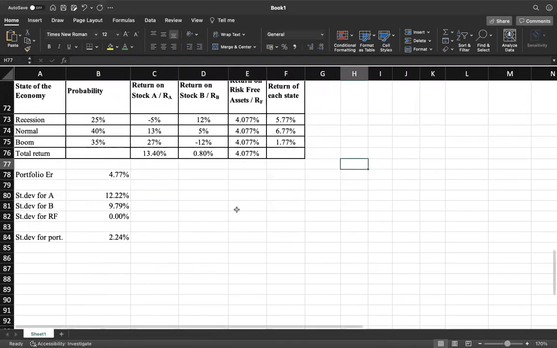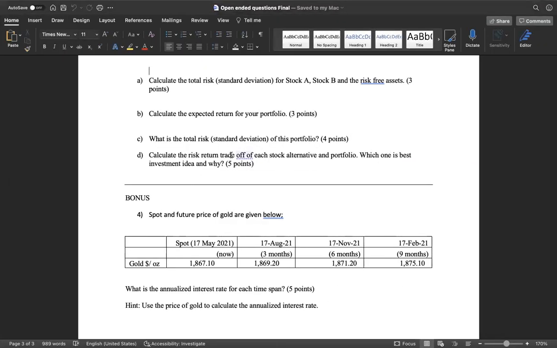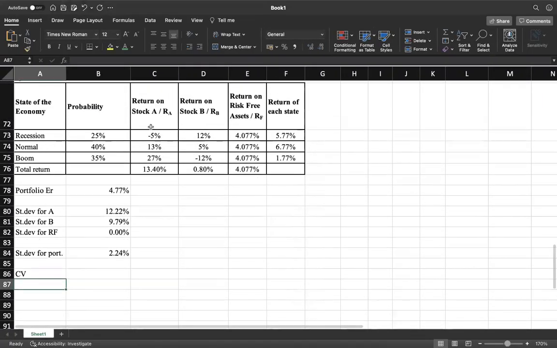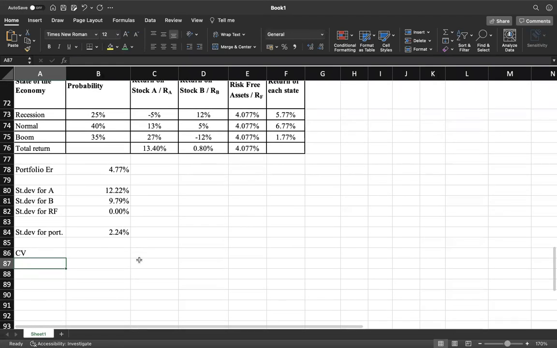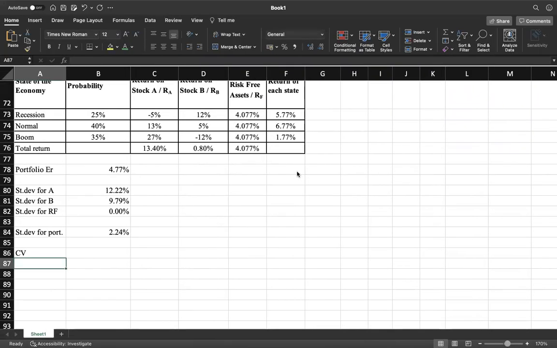Therefore, we should calculate coefficient of variation, the risk-return trade of each stock alternative and portfolio. So stock A and stock B and portfolio. So we don't consider risk-free asset here because risk-free asset is risk-free.